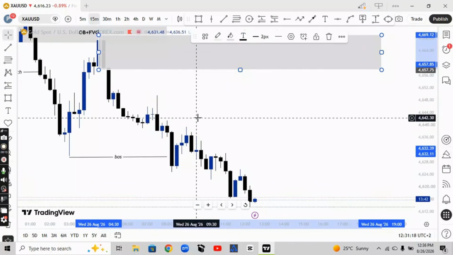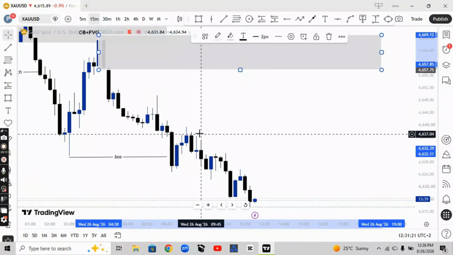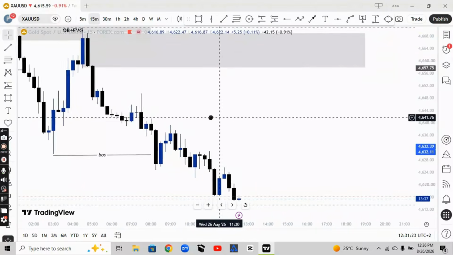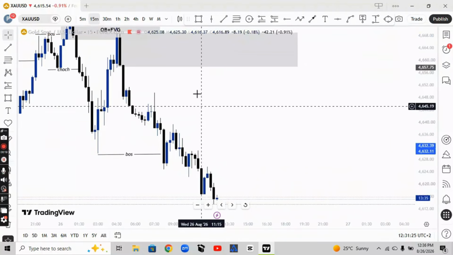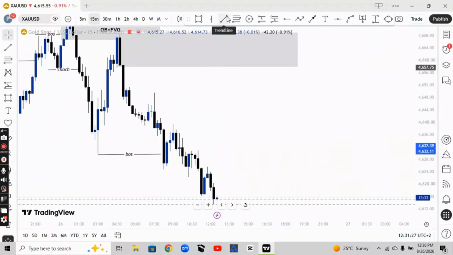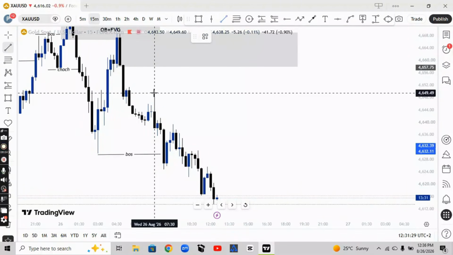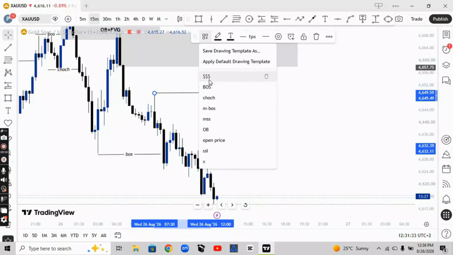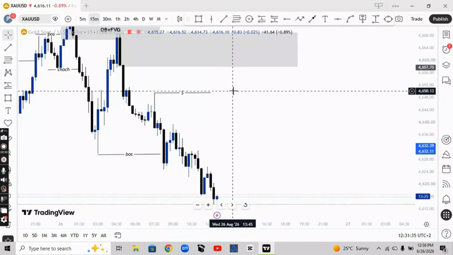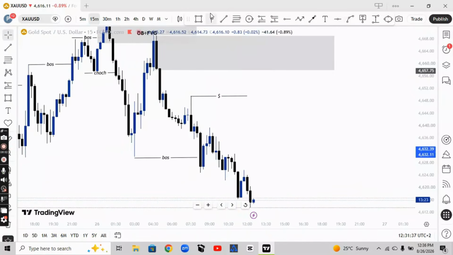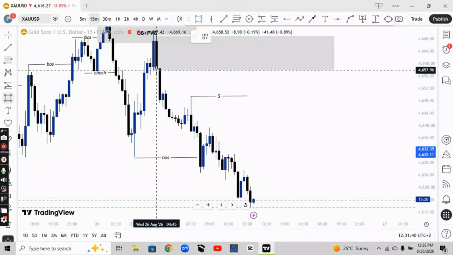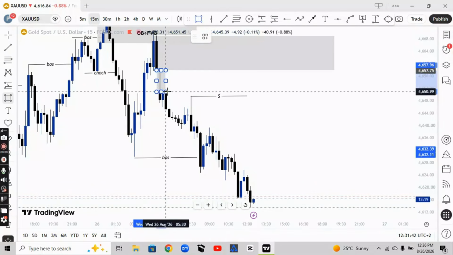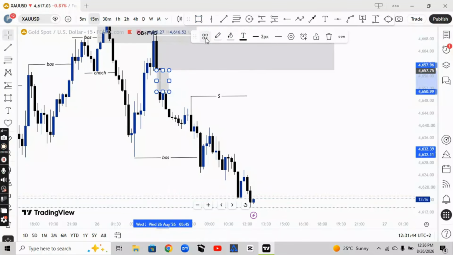Okay, this is our week low. We have this level now as our liquidity. Our clean fair value gap is here.